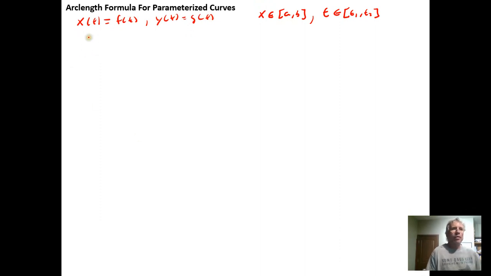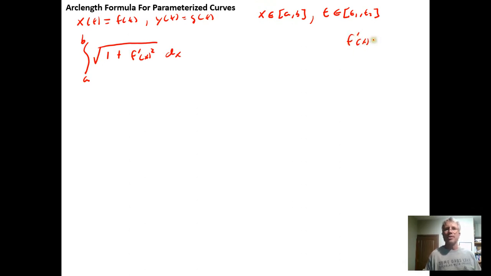If we had the rectangular form, we would say run over the interval from a to b and take the square root of 1 plus f prime of x squared dx. And we want to remember that f prime of x is just another way of saying dy/dx.